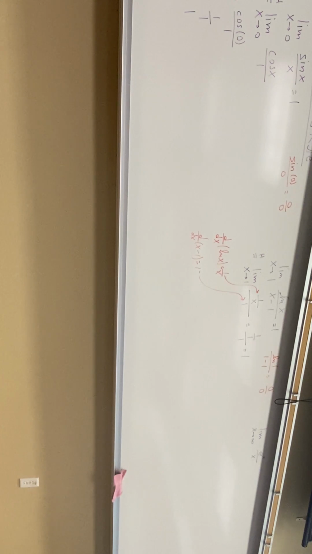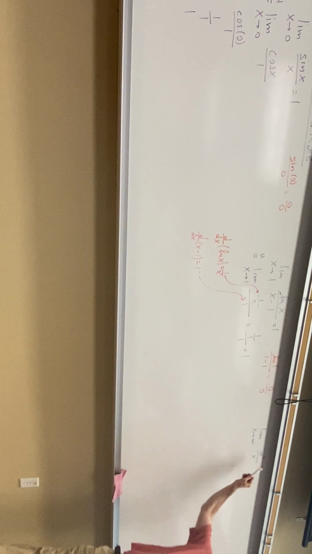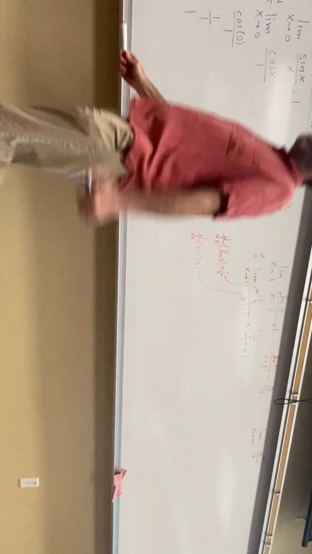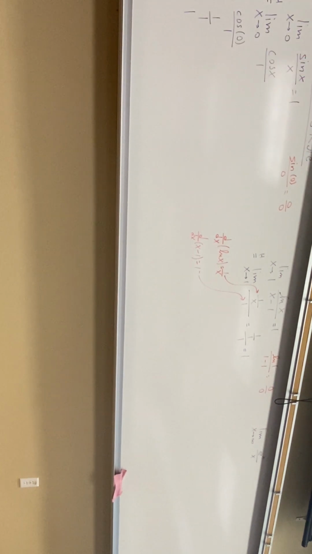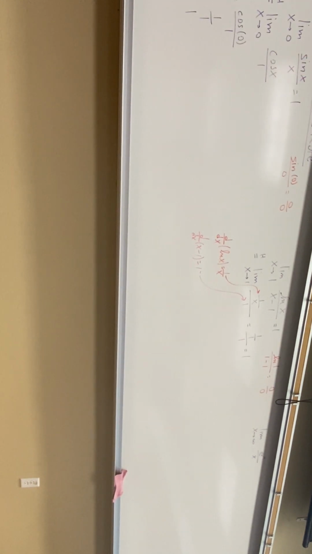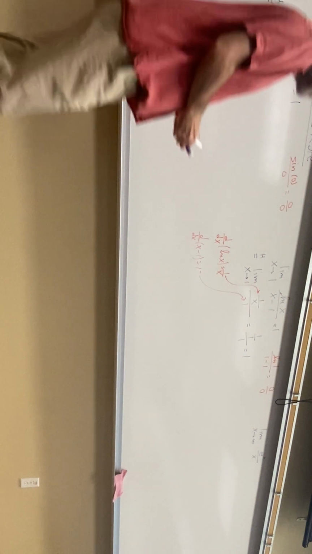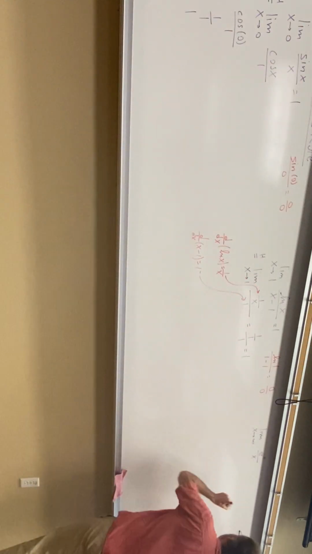We get infinity over infinity. Plugging in infinity really means we're taking the limit as we go to infinity. The top is infinity, and x is also going to infinity. So this is an infinity over infinity case.